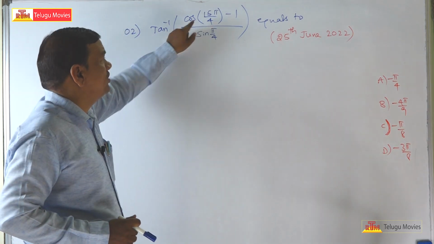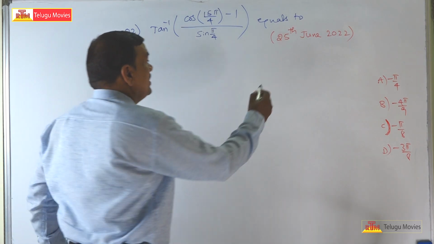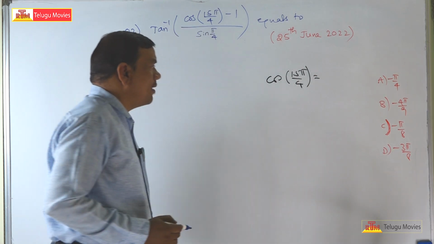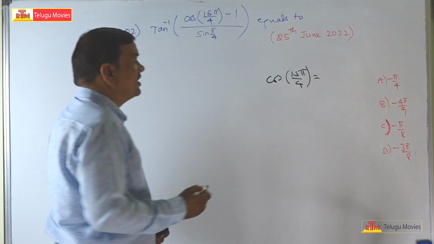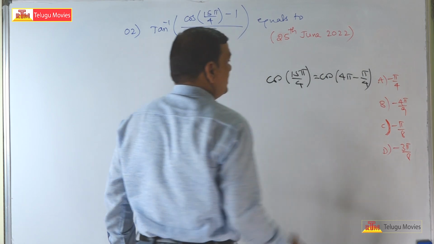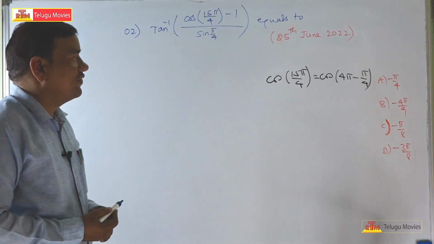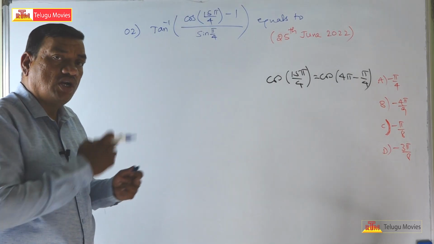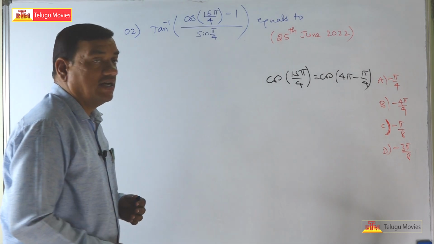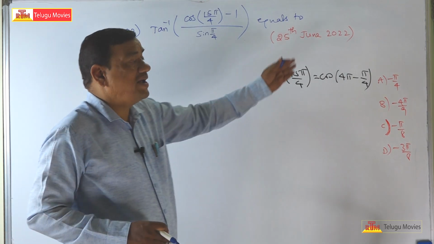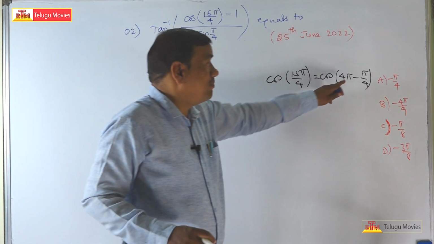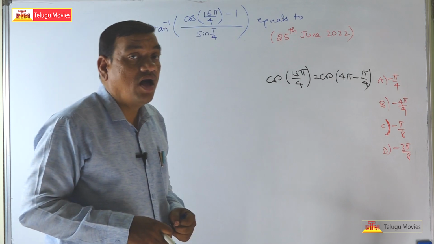Now I am going to find the value of cos of 15 pi upon 4. 15 pi upon 4 can be written as cos of 4 pi minus pi by 4, since 4 fours are 16, 16 minus 1 is 15, so 15 by 4. 4 pi means 2 complete rotations, and minus pi by 4 means it will be in the fourth quadrant.